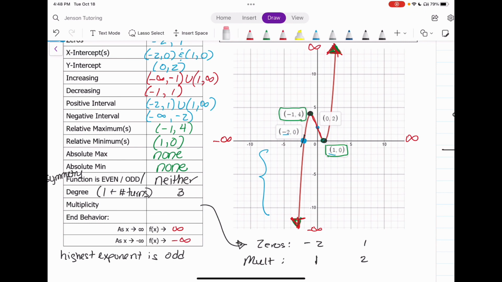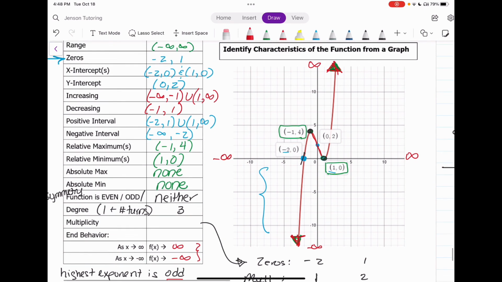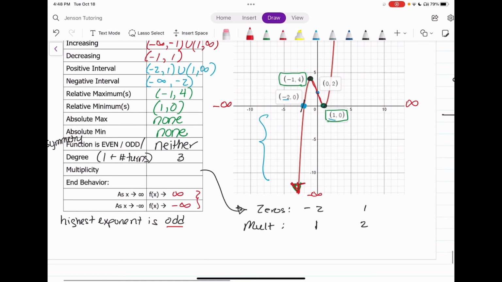So remember this, the least degree of this exponent is odd, so we should expect these go in different directions. The other question we could be asked is, what is the sign of the leading coefficient? We didn't talk about that before, but the sign of the leading coefficient is positive because the graph goes up on the right.